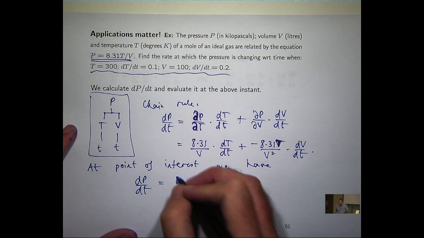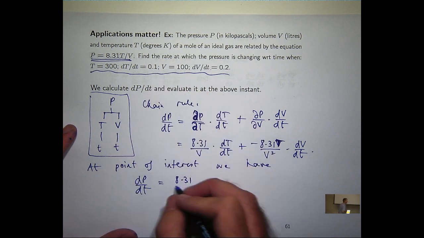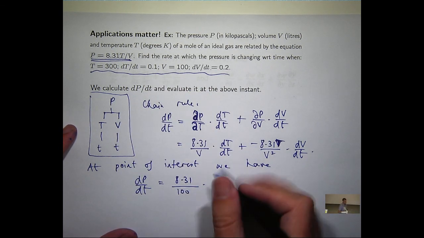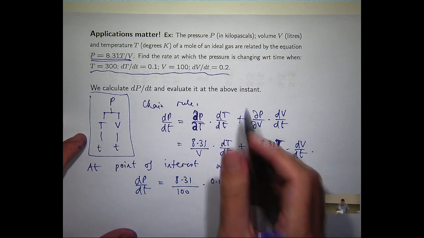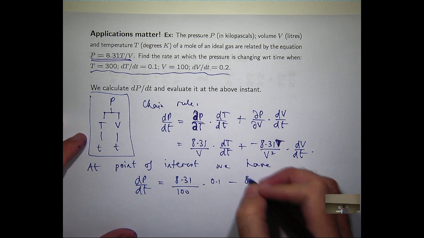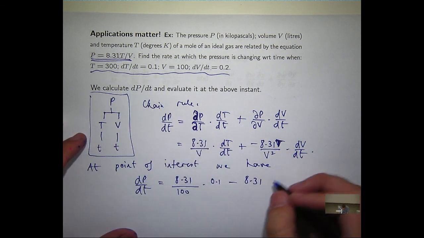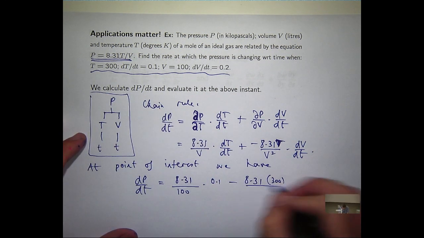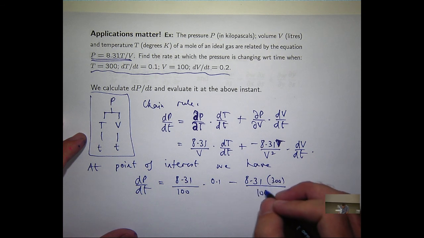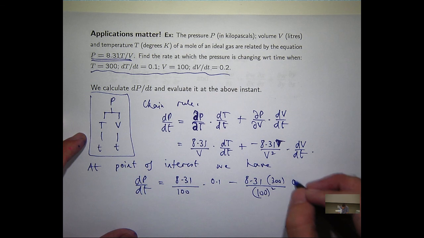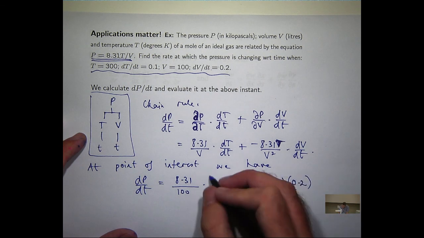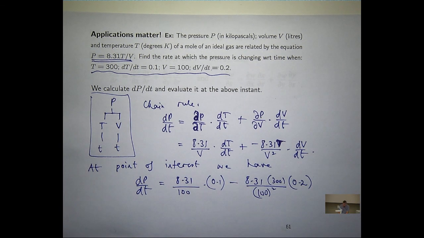Okay, so 8.31, V's 100. dT/dt is 0.1. Big T is 300. V squared, 100 squared. dV/dt is 0.2. So all we have to do is simplify that.